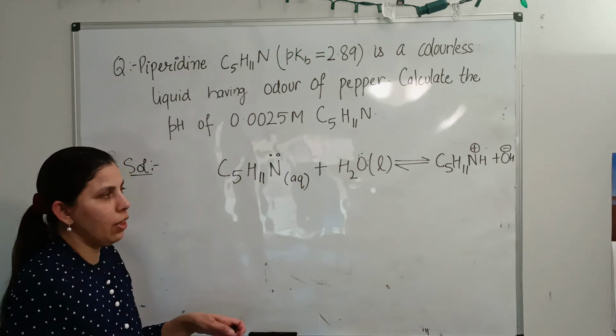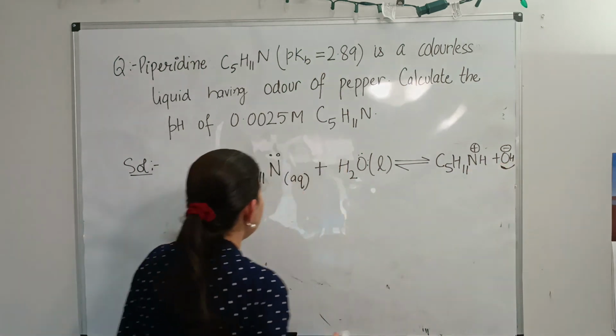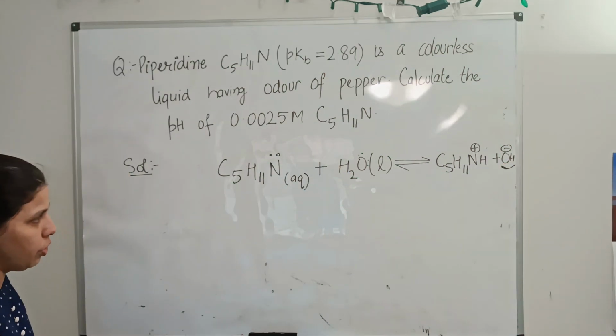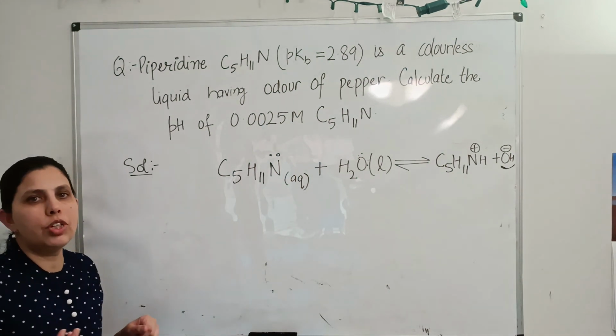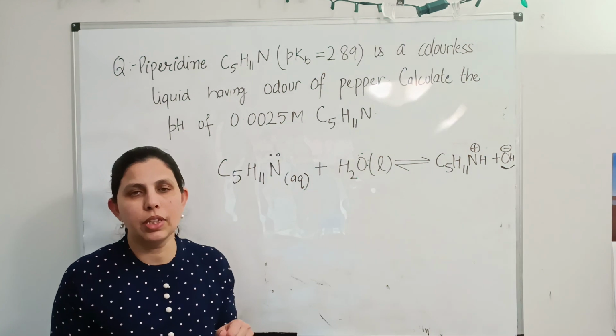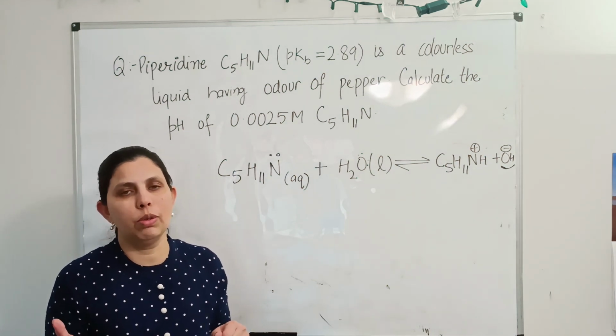So if we could calculate the concentration of hydroxide ion, we'll be able to calculate the concentration of H positive ion, and from there we can calculate the pH of the solution.